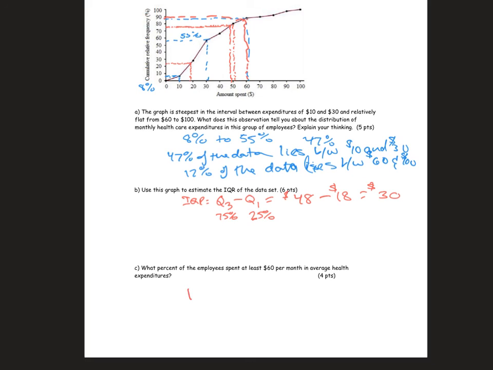So that means 100% minus 88%, or 12%, spend at least or more than 60. So 60 or greater, or you could also just say spend greater than 60.